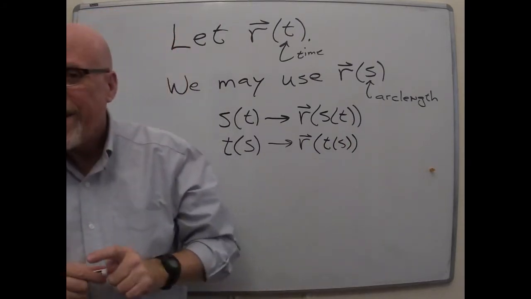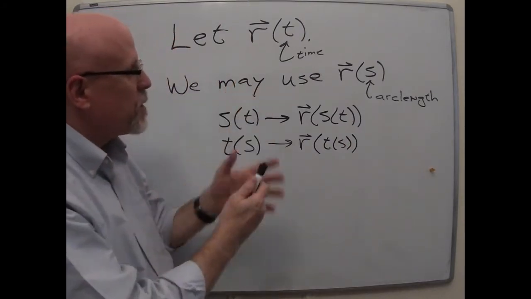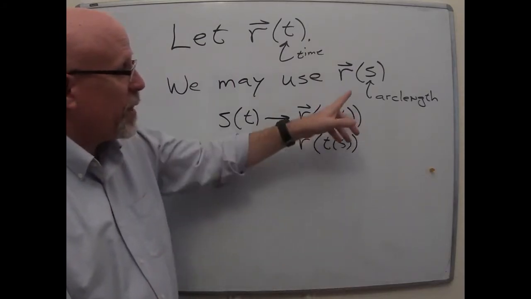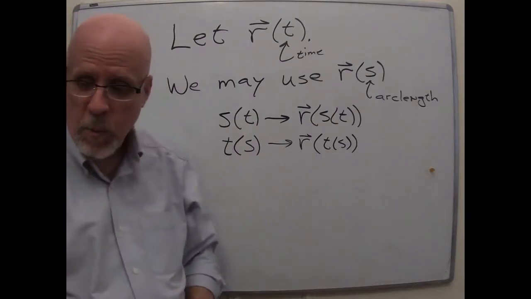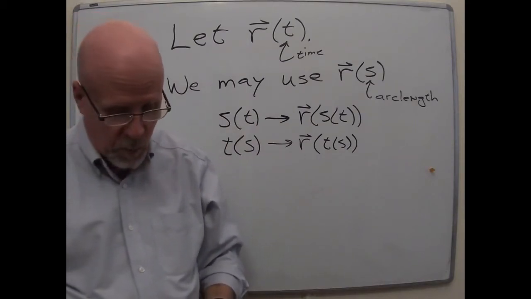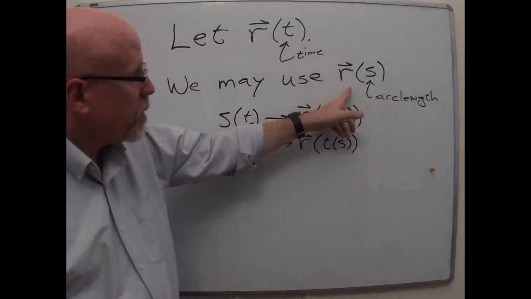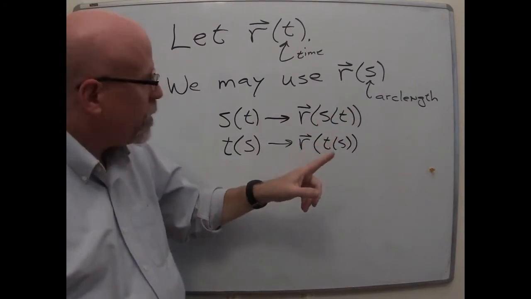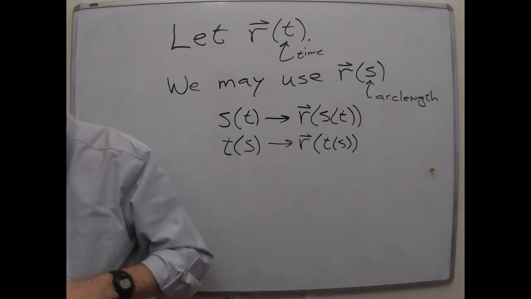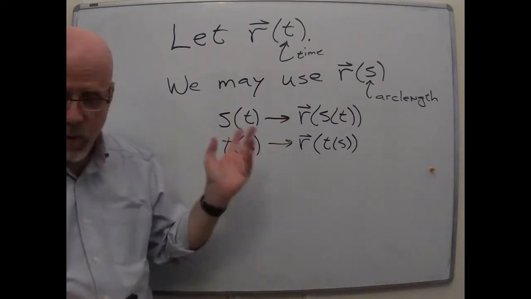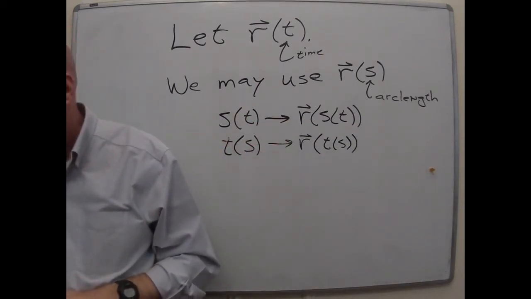So the point really is that the parameterization isn't terribly important, but the arc length parameterization is the one that theoretically is going to help us the most. So we'll think about this one, but we'll be able to quickly convert to that one if we need it. And you'll see that a lot of the calculations come out the same regardless of which parameterization you use.